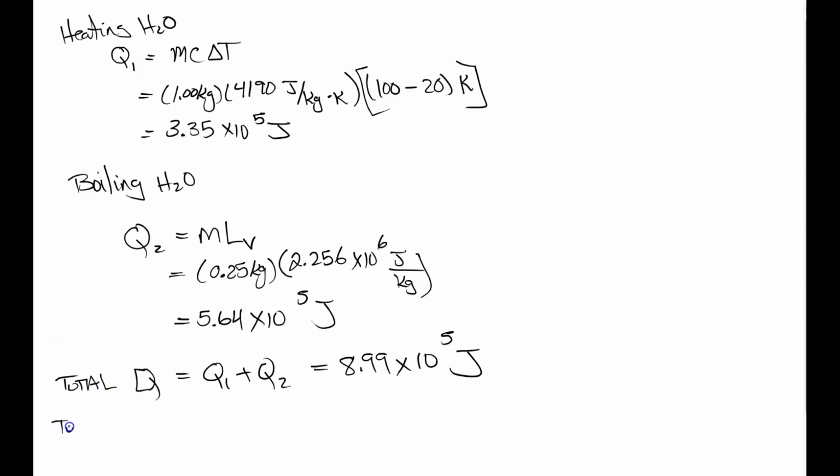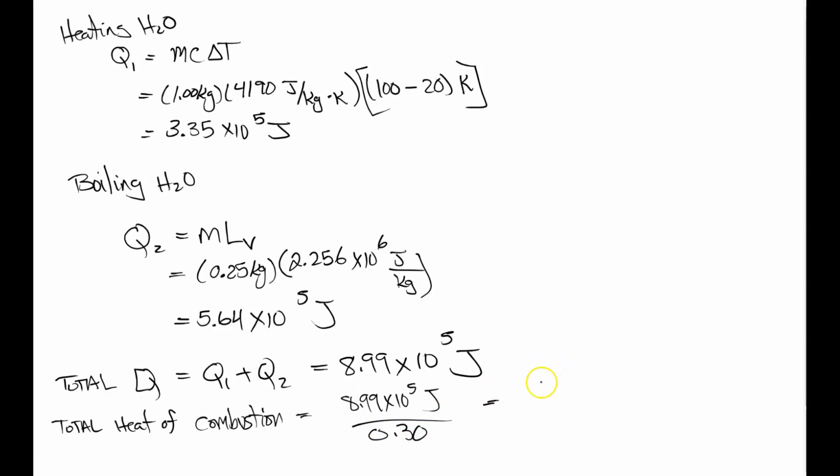So the total heat of combustion is going to equal 8.99 times 10 to the 5th joule over 0.3, which is 30%, which is about 3.00 times 10 to the 6th joules.